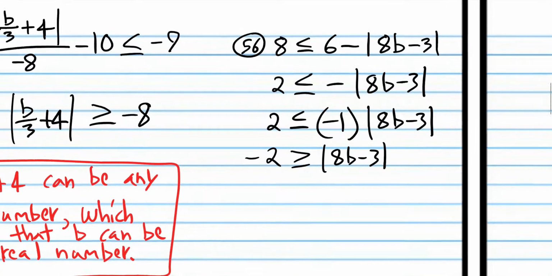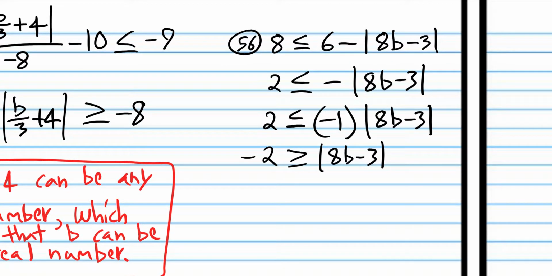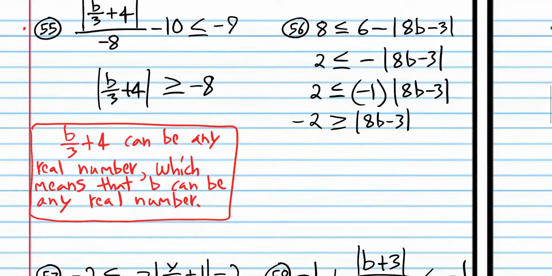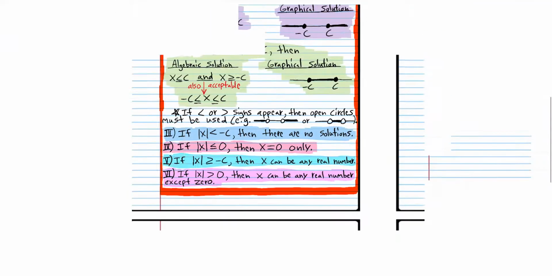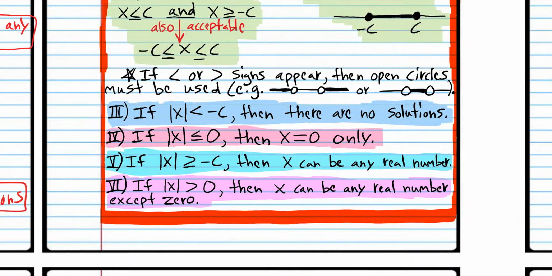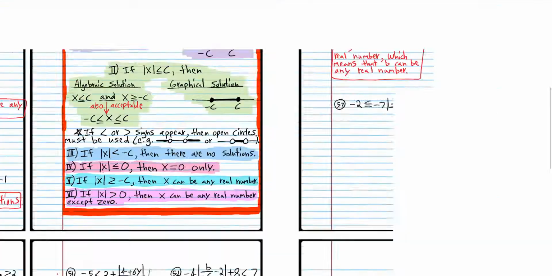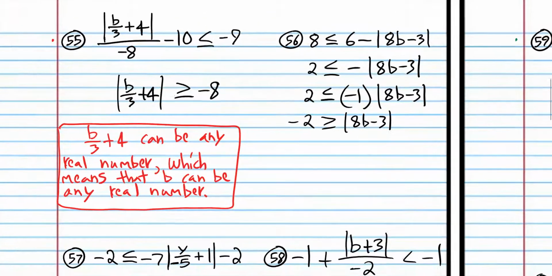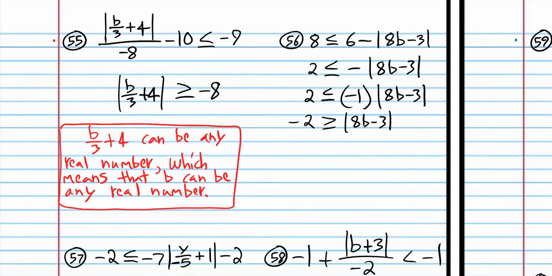And so what you'll find is, we have absolute value is less than a negative number. As you can see here, that means there are no solutions. It doesn't matter what you plug in there for b, it's not going to work.